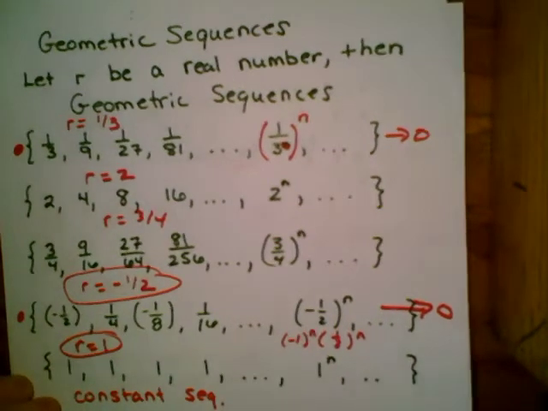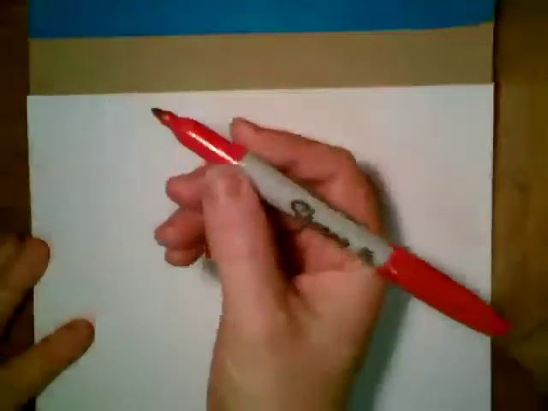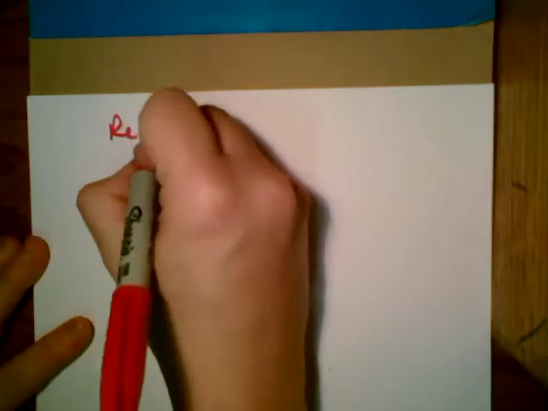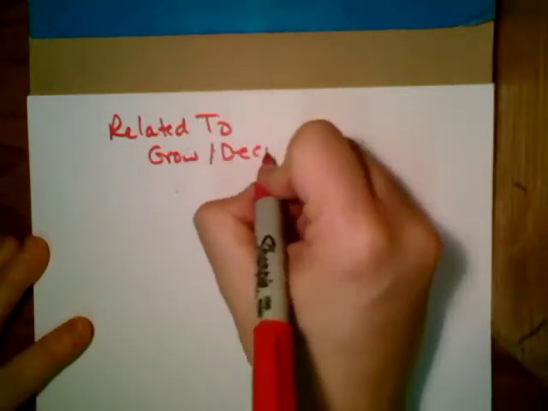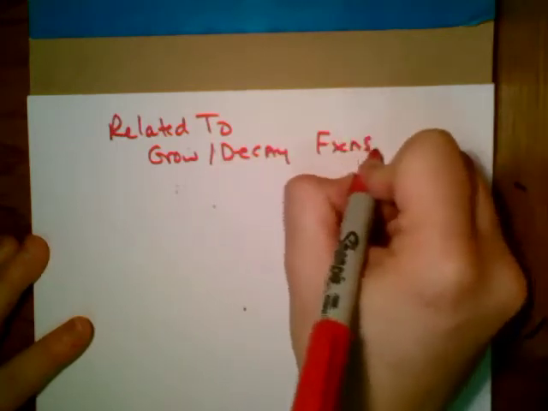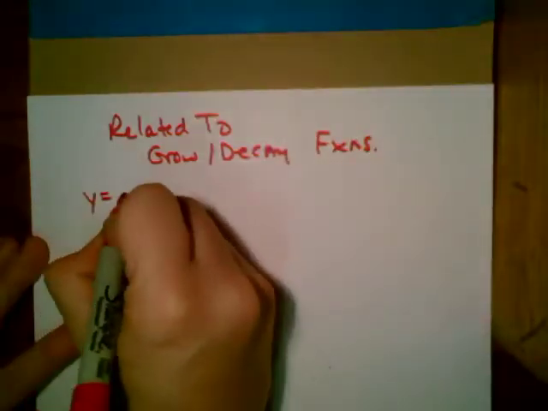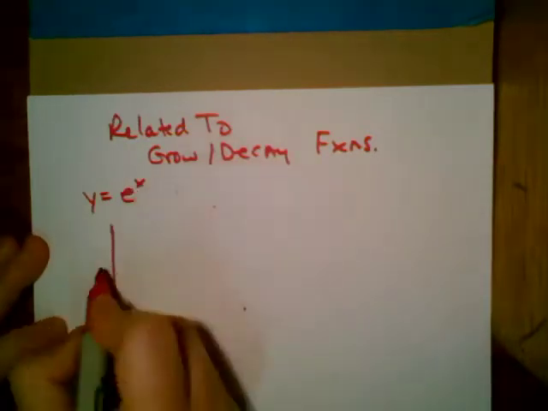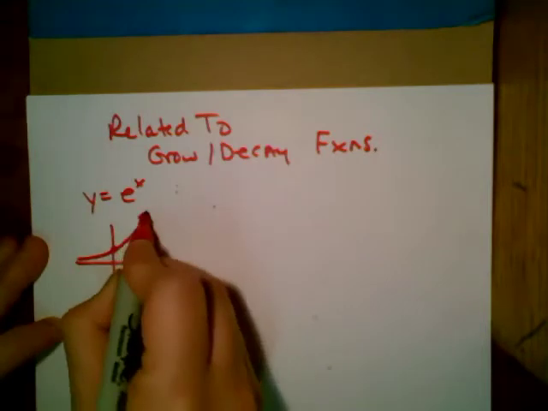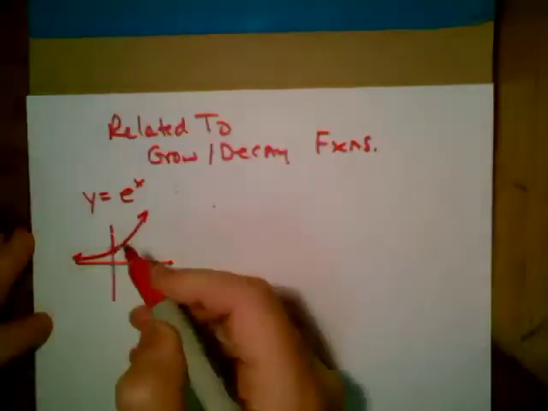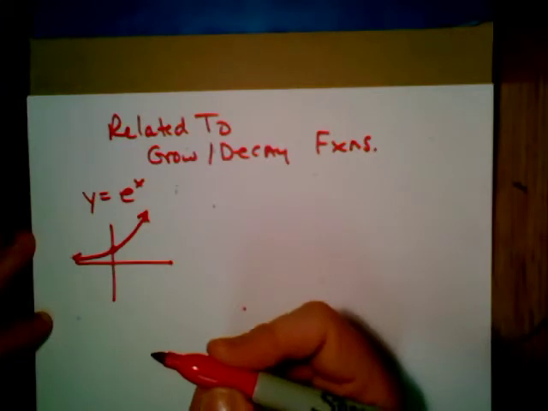Okay. Again, let's connect this to the continuous cases. Just as a follow-up, geometric sequences would be related to growth and decay functions. You might recall the graph of y equals e to the x. e to the 0 is 1. We've got a horizontal asymptote on the left, but unbounded growth on the right.